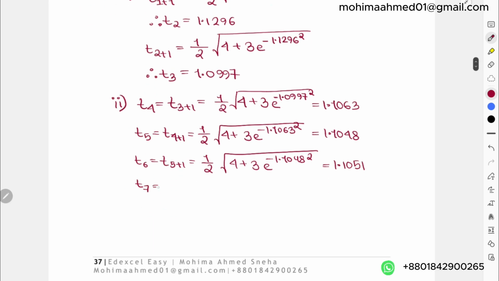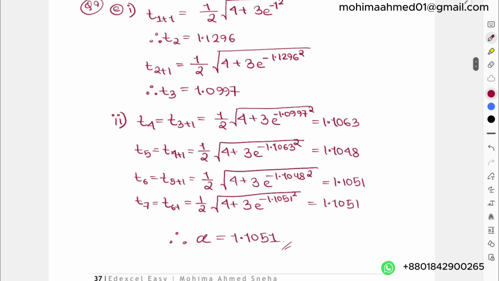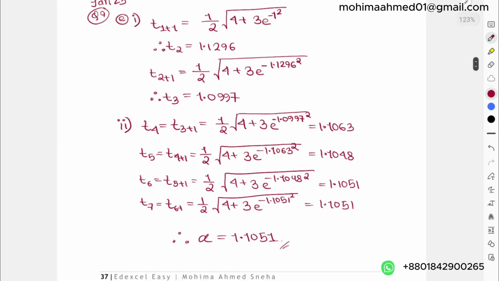For x7, this one is also 1.1051. I already got my answer, right? Since two of my values got repeated as 1.1051, that means this is the value for my alpha. So finally I can write that by approximation, we calculated the value for alpha as 1.1051, and this is how you're supposed to calculate any unknown values over here.